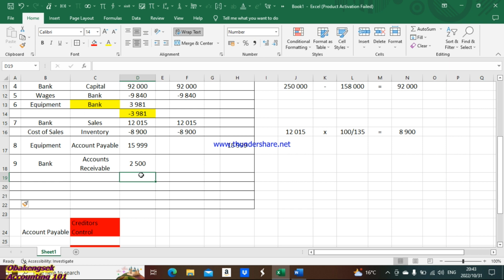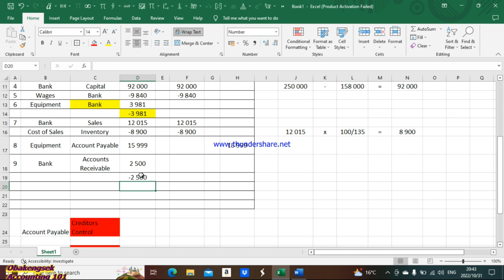But because now he's paying his debt, the balance of the people that owe us money is decreasing. So if 5 people owed us 15,000 rand, it just decreased by 2,500 because one person decided to pay. So that is our accounts receivables.